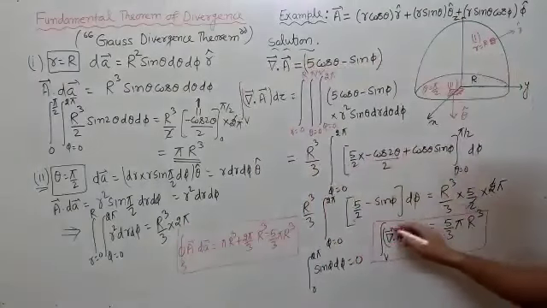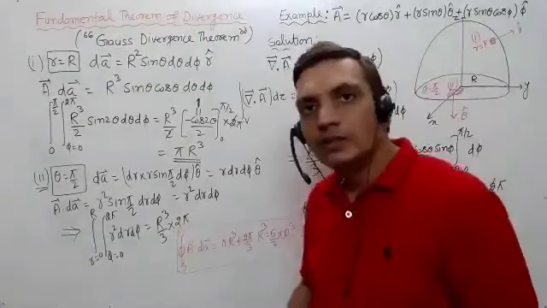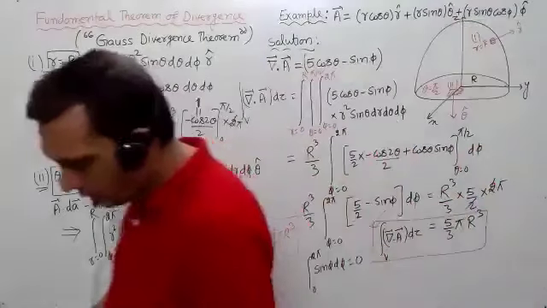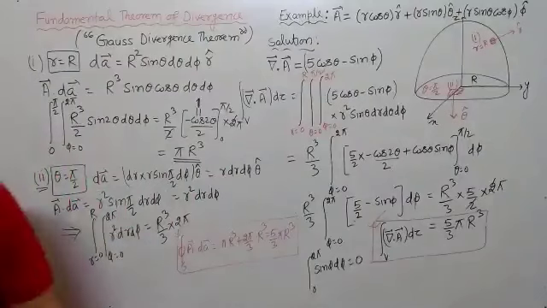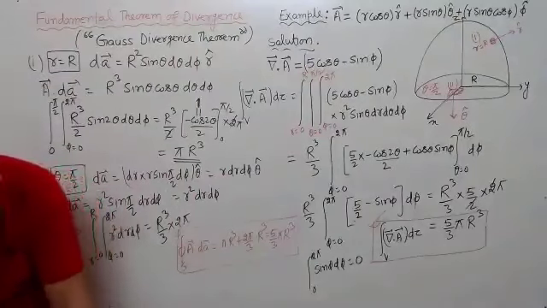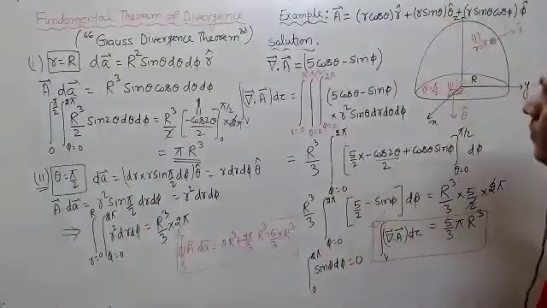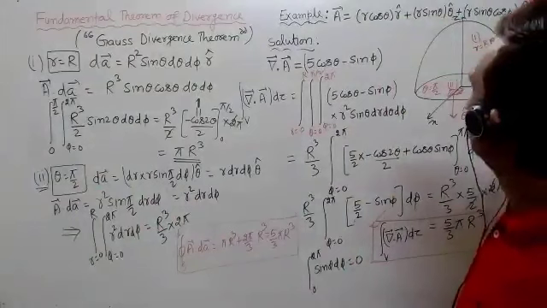So divergence of A d tau is same as closed A dot dA. So that verifies the divergence theorem in spherical polar coordinate. Is it clear? So let us see next example.